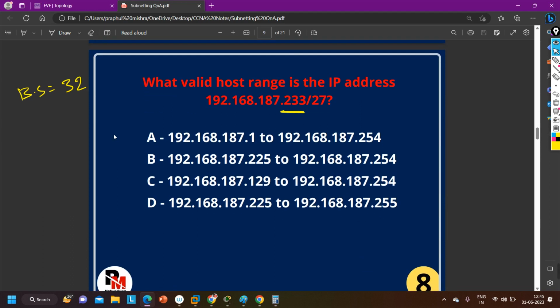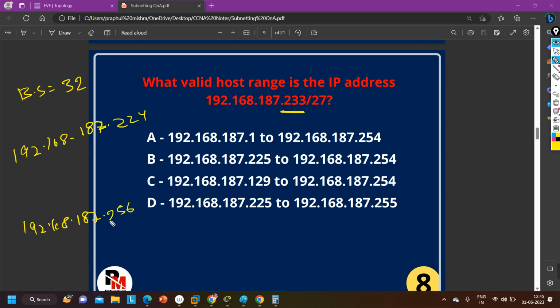Now my network ID is clear, that is 192.168.187.224, and the next network will be 192.168.187.224 plus 32, so 256.